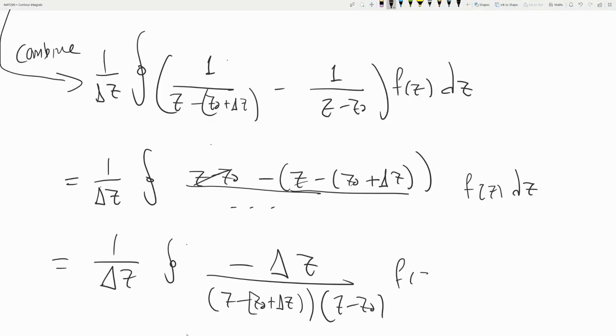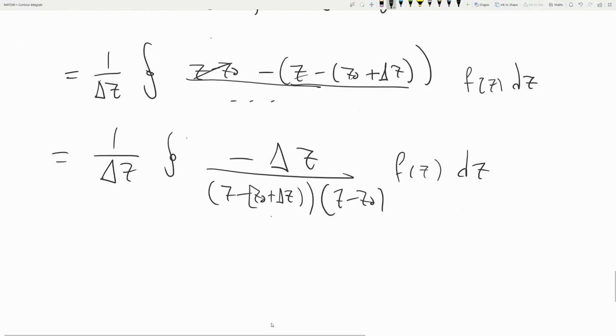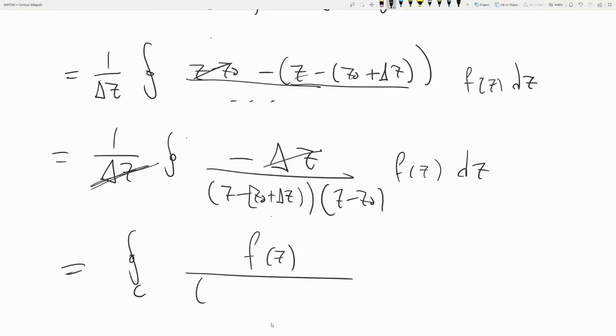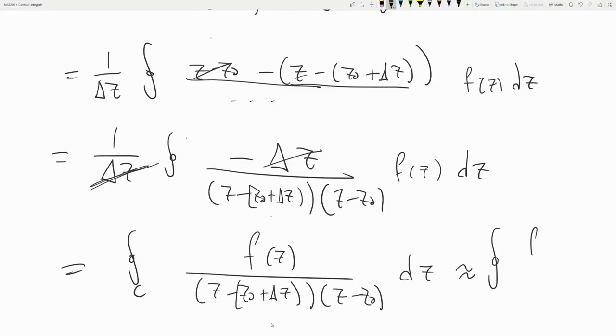Now, why is this important? It's important because we get a cancellation. So delta z cancels out with this delta z. So all in all, we are left with this. And the claim is that this is about f of z over z minus z naught squared.